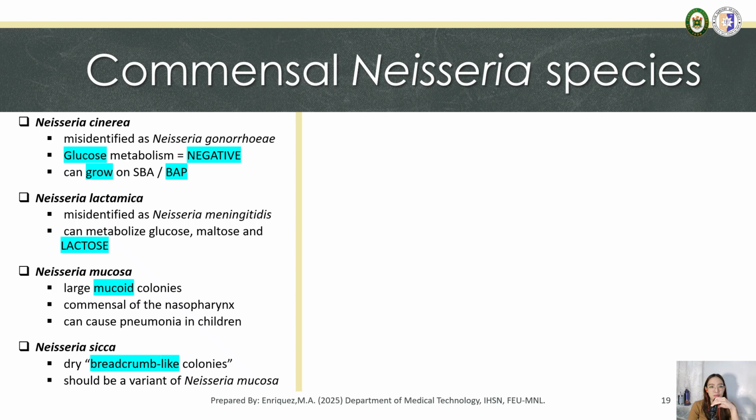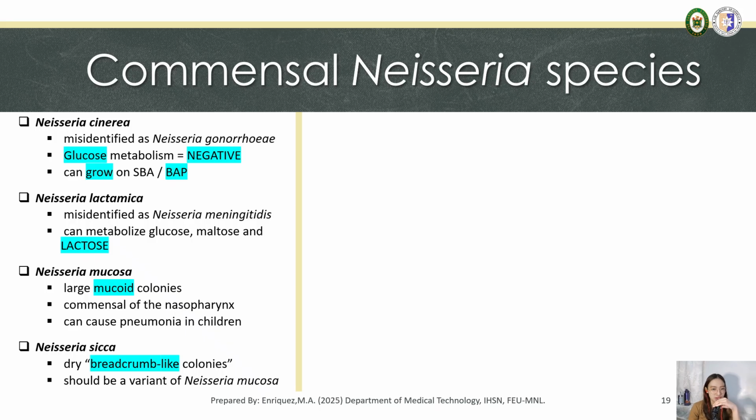Colonies of Neisseria mucosa are large and often adherent to the agar, and they're very mucoid. That's why it was named mucosa. So, Neisseria mucosa is usually isolated as a non-pathogen from the nasopharynx of children or young adults. However, this organism has been documented to cause pneumonia in children.